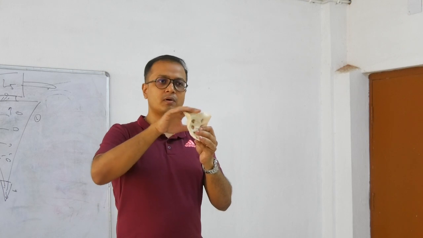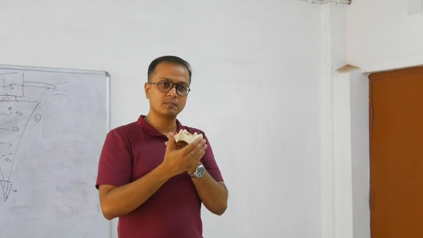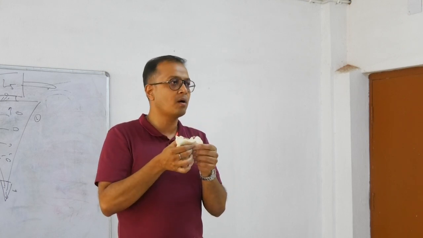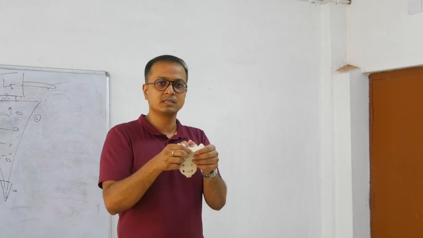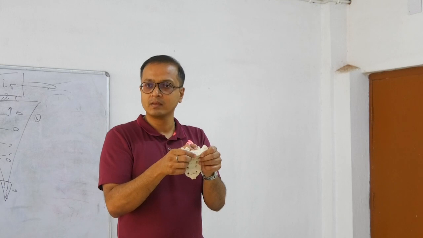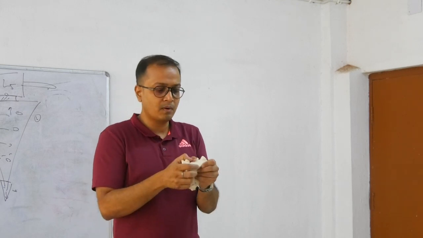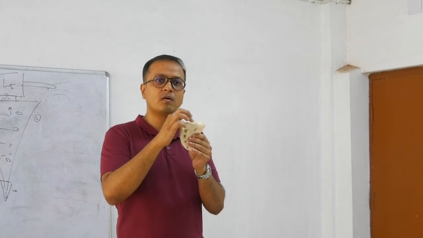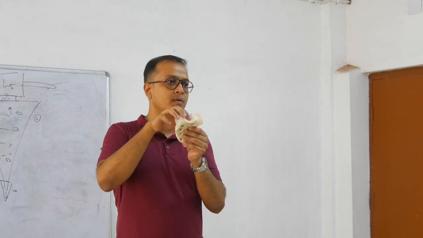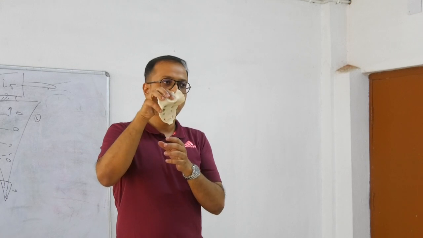Now, talking about the base. As you can see, this part we call the base, which has a central part and a lateral part. The central part is formed by the body of the vertebra. Which vertebra would it be, where I'm touching? S1.